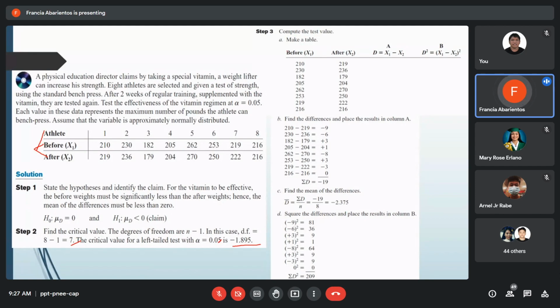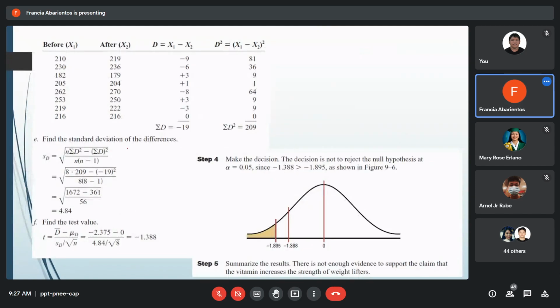So, in computing for the test value, we have the difference between the two samples, the before and after. After that, you have to sum up, summation, and this is now your standard deviation of differences. Compute pa rin siya as 4.3.